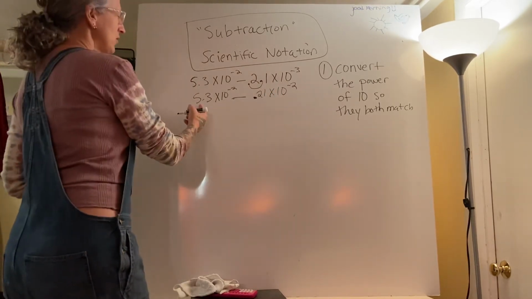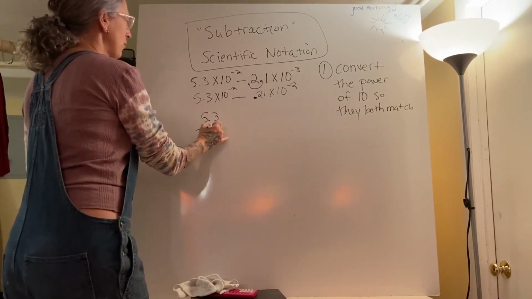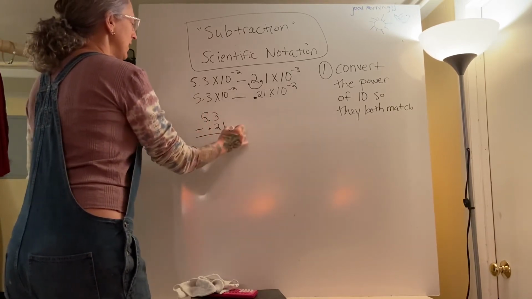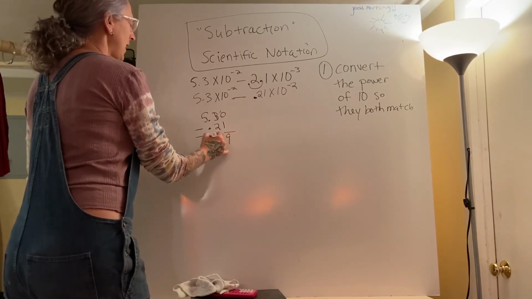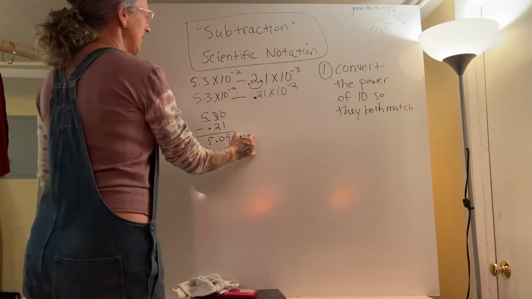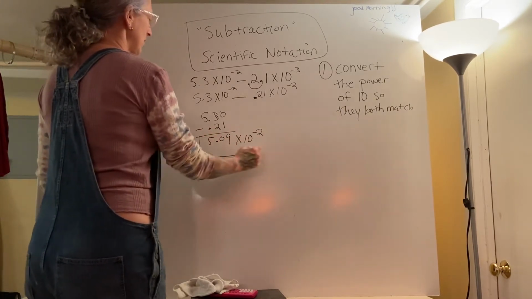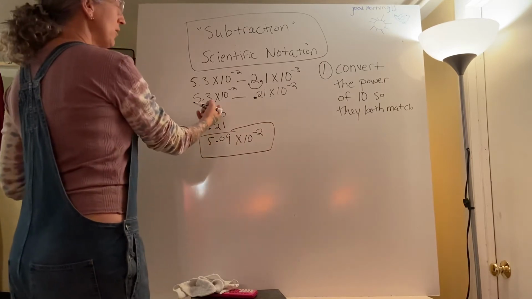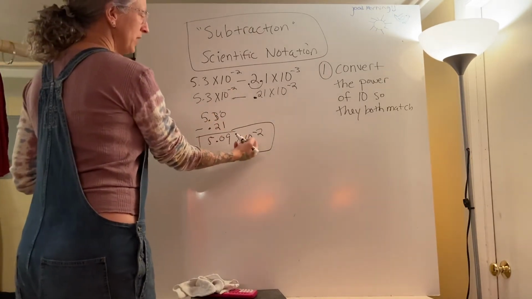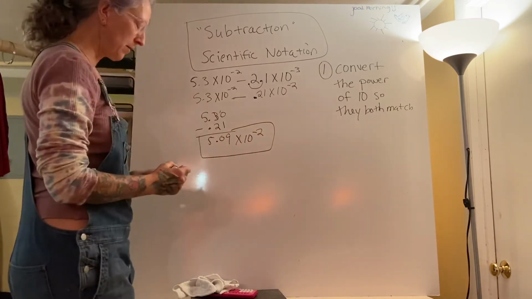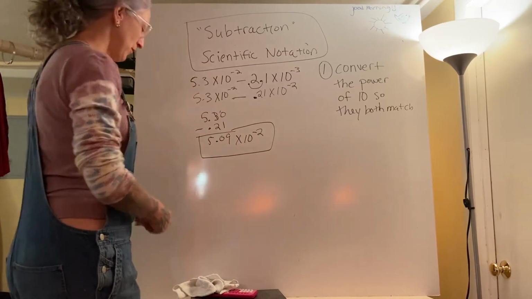So now all I have to do is subtract 5.3 minus 0.21, and I get 5.09 times 10 to the -2. So there's your answer. Once you have the same power, you just do the math with the numbers and then put the -2 power back up there. So you can do the math with just the lead numbers and then put that up there.